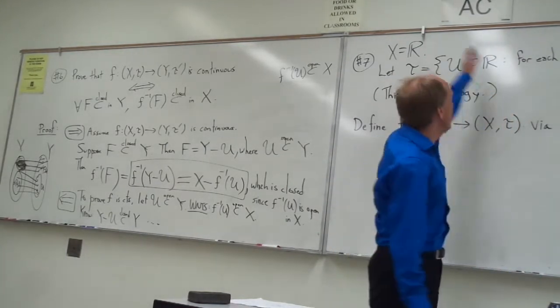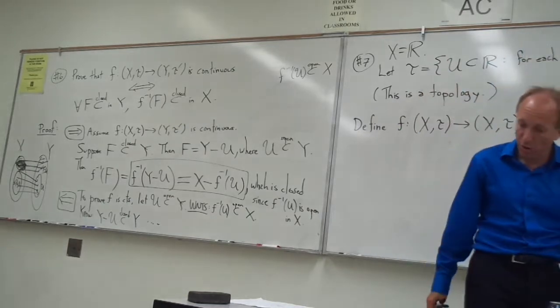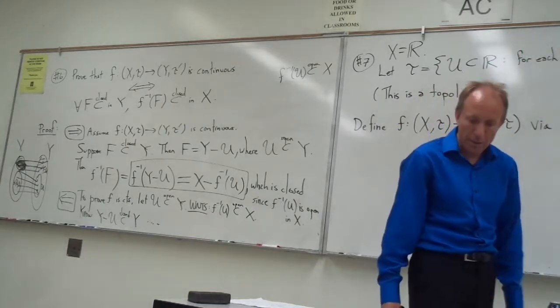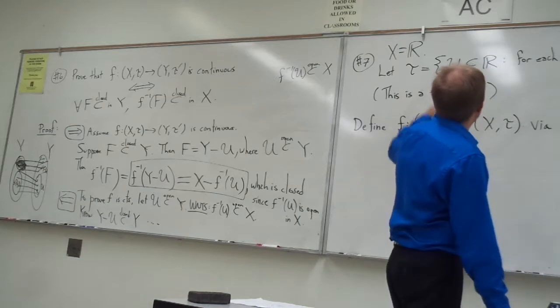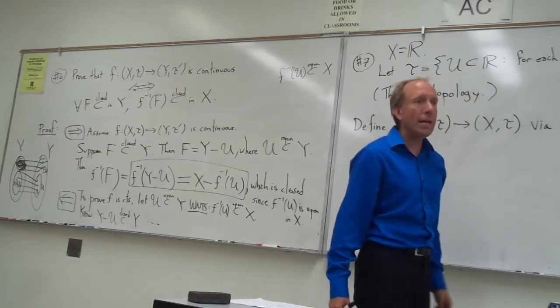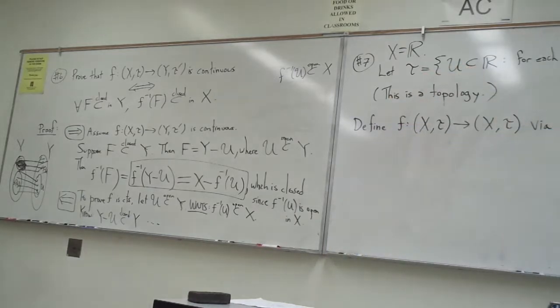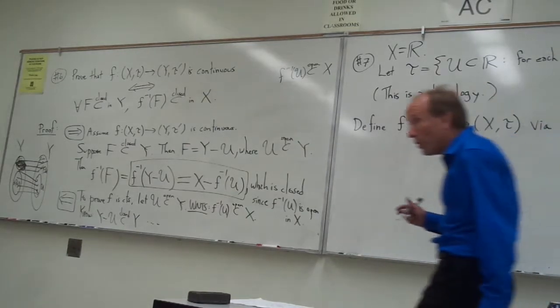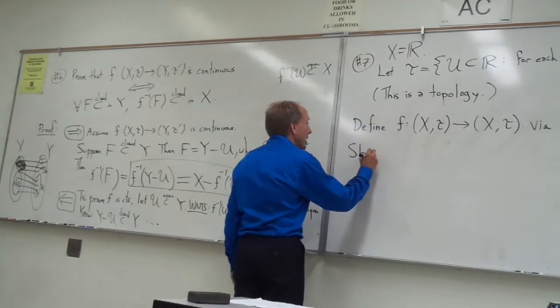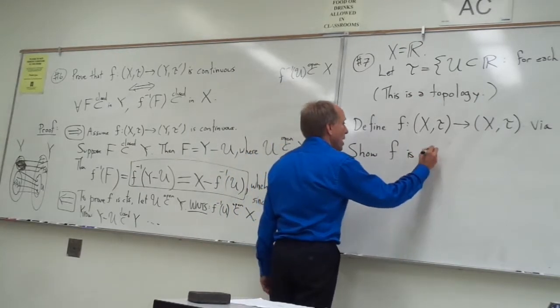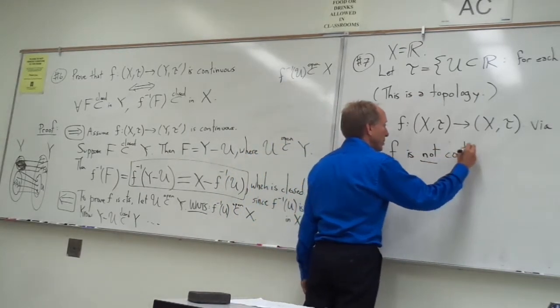So this is just the real numbers to the real numbers. It's our usual x squared function, but we're using a different topology, and I claim that with this topology, f is not continuous. So I would like to show that f is not continuous.